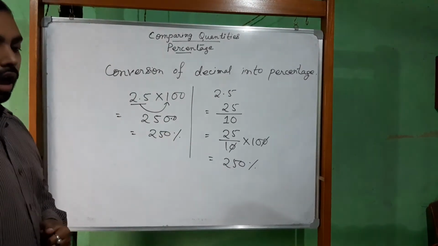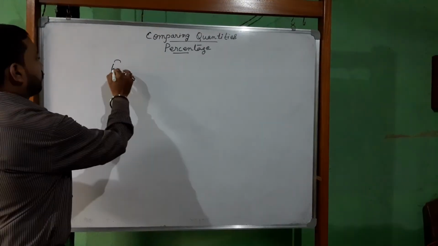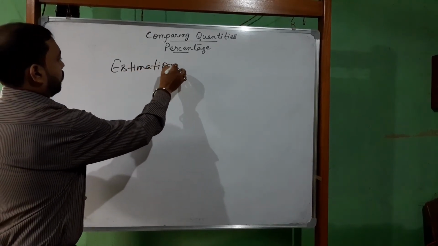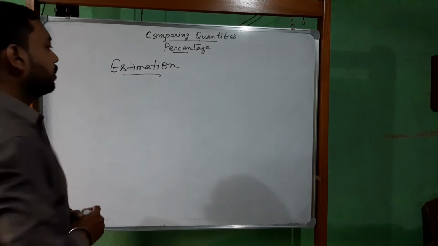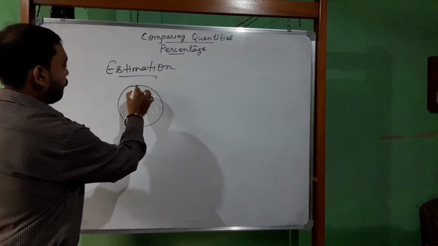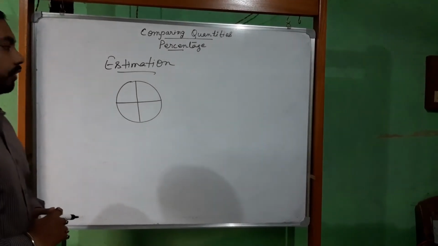Okay. Now I will show you some estimation. So estimation. Suppose this is a circle, and it is divided into 4 equal parts.